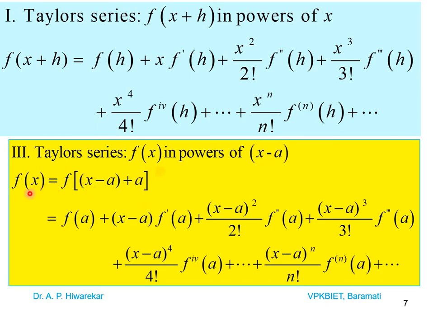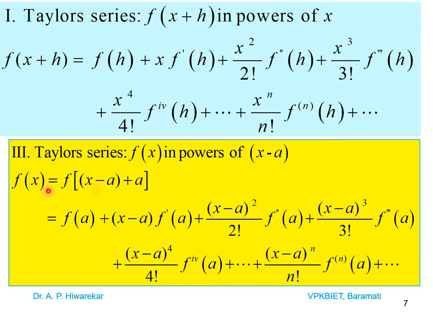So what we do is write f of x as f of x minus a plus a, so that we get x here if you simplify this bracket. And then apply this particular formula: where there is h, put a, and where there is x, put x minus a.